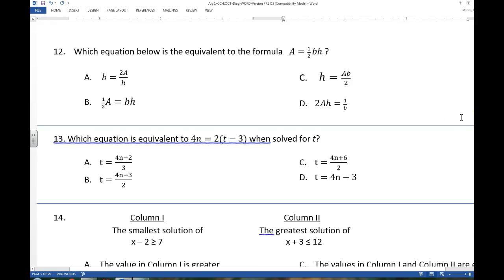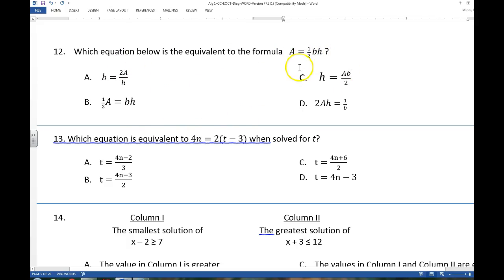All right, next problem, number 12. This is a literal equation. We did literal equations back in the beginning of the year. And basically what we do with literal equations is we solve for a different variable. So the equation below says A equals 1/2 BH.